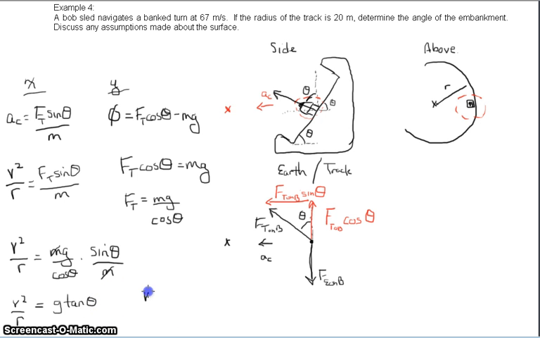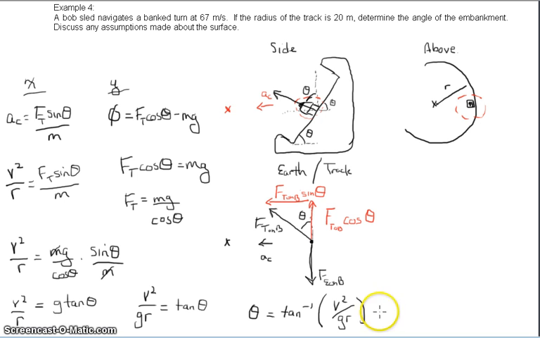I have then v squared over g times r is equal to tangent of theta. And then theta itself would be the inverse tangent of v squared divided by gr. If you calculate this out, this works out to be about 87 degrees. Alright, very steep turn, but that's because they're going insanely fast.